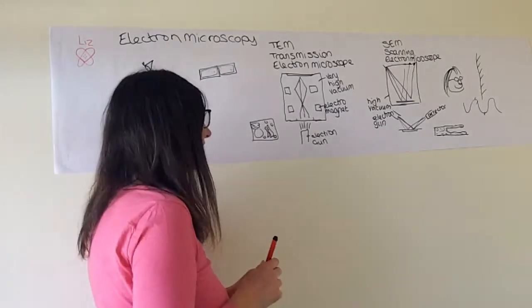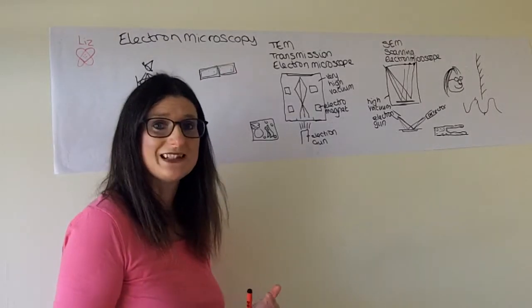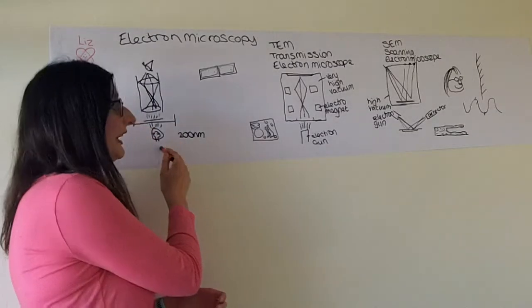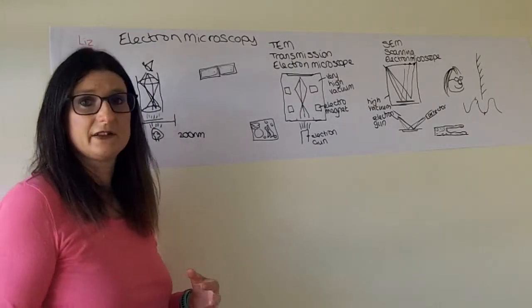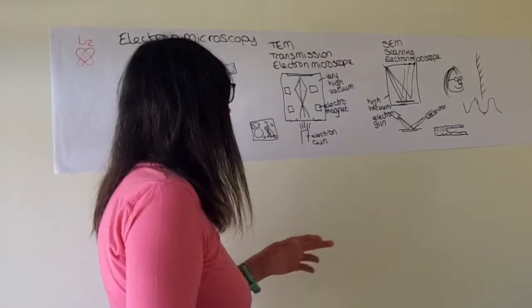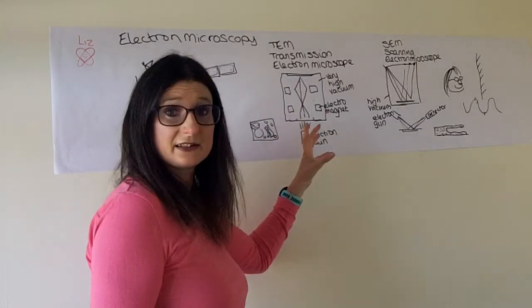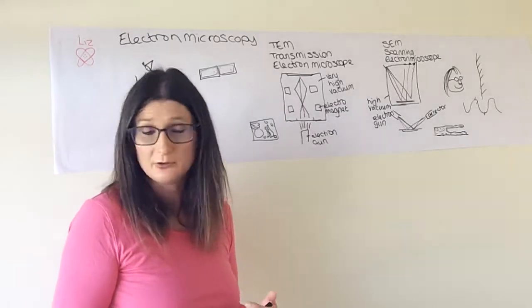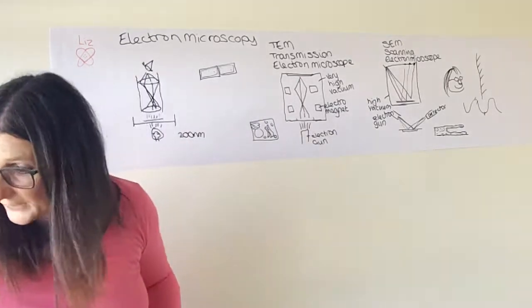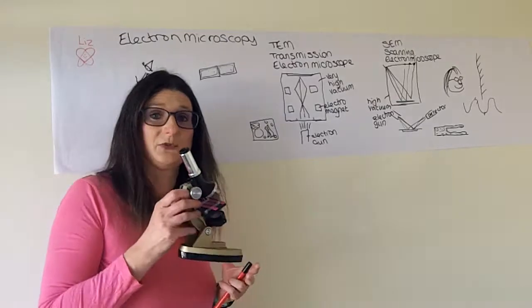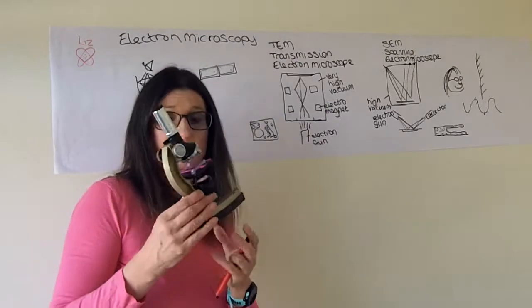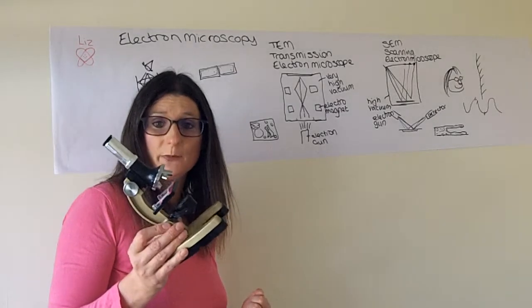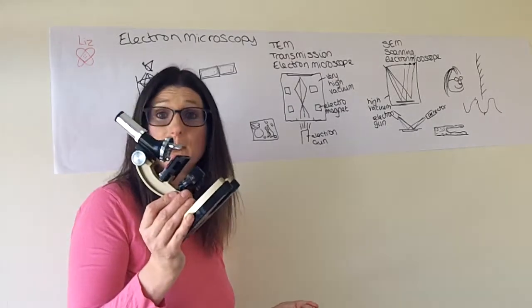As I say, advantages are you can see much more detail and you can see much smaller things than you can with an optical microscope. The disadvantages are that you can't see anything that's alive and you need more sample prep. And also, as I say, I have in my house a little optical microscope. It's small, but it does the job and it's pocket money.